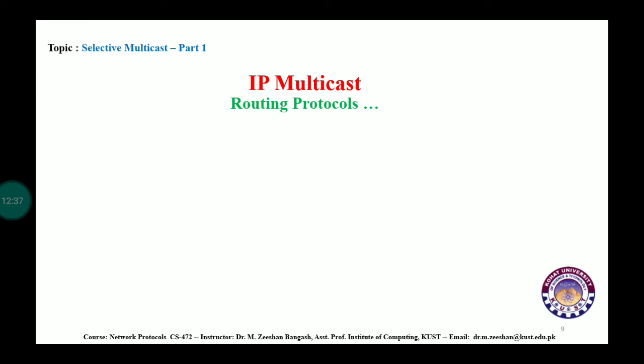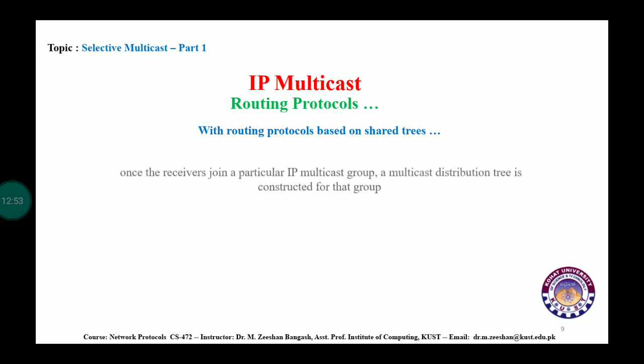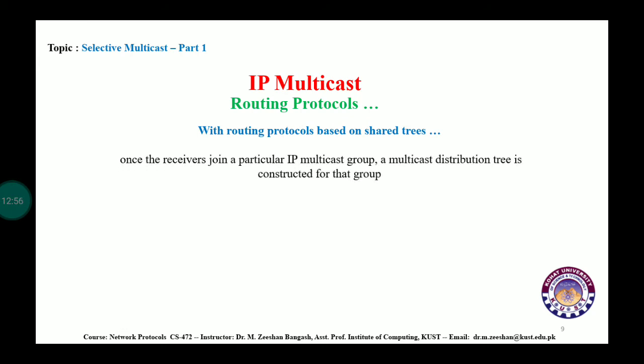Now, about some routing protocols in IP multicasting. In the routing protocol context, the routing protocols are based on a shared trees mechanism. Once the receiver joins a particular IP multicast group, which is basically the first step, a multicast distribution tree is constructed for that group.